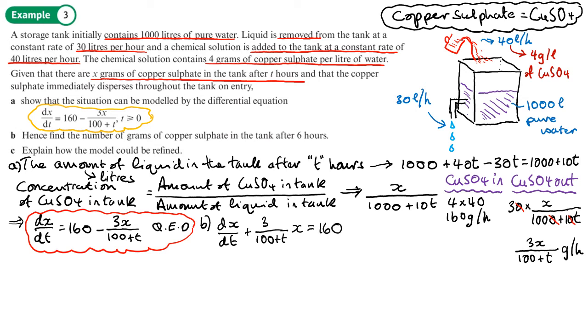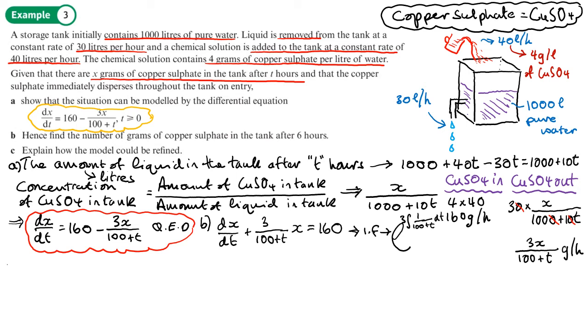So the integrating factor is going to be e to the power of the integral of 3 over 100 plus t dt.